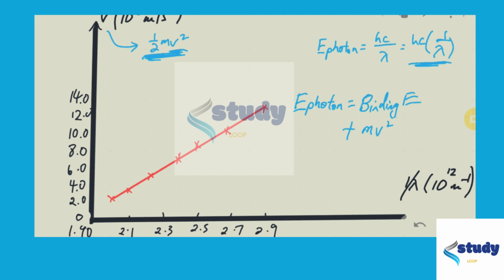Okay, actually we shouldn't assume that, because it's slightly different. And so we have mp plus mn, the mass of the neutron, times half v squared.